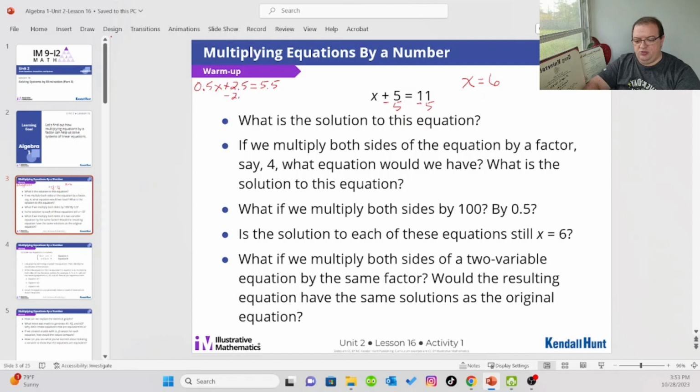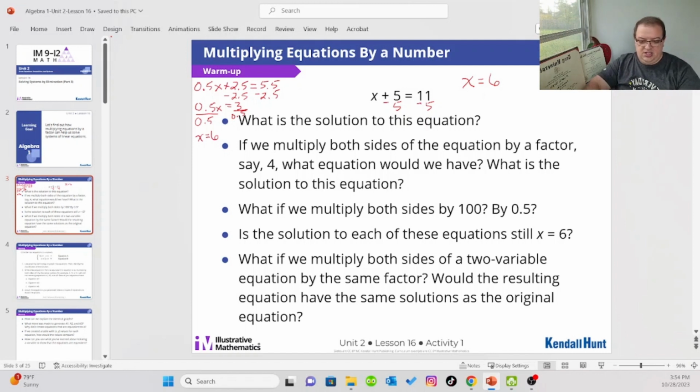We would subtract 2.5 from both sides. We would get 0.5x equals 3. We would divide both sides by 0.5, and we would end up with x equals 6. So you can see that in every single instance, multiplying both sides of the equation by the same factor results in an equivalent equation that gives us the same solution every time.